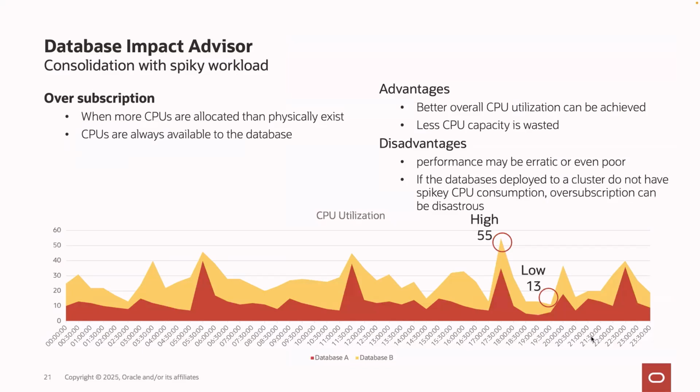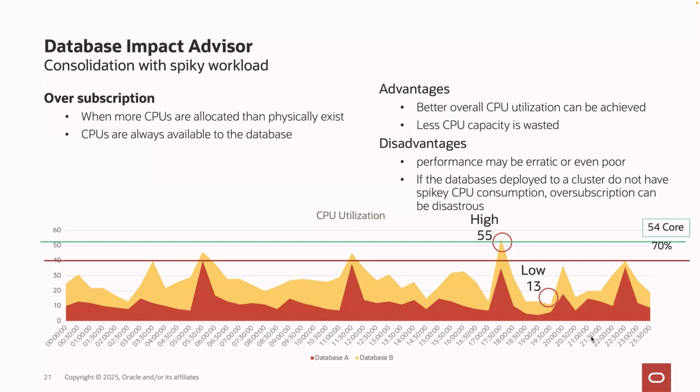So we might need to add a few more CPUs than we had before, but it's a small difference compared to what we had before. And we still are on the same 54 cores or something like that, helping us to get more stable.